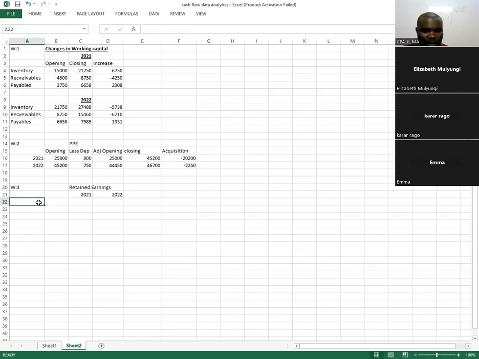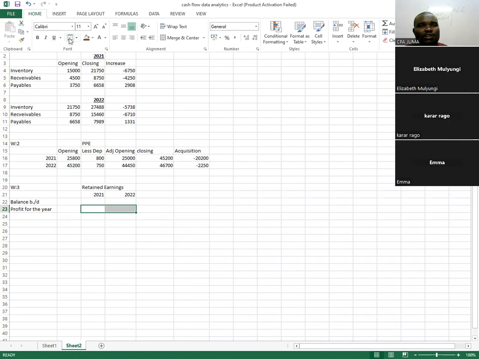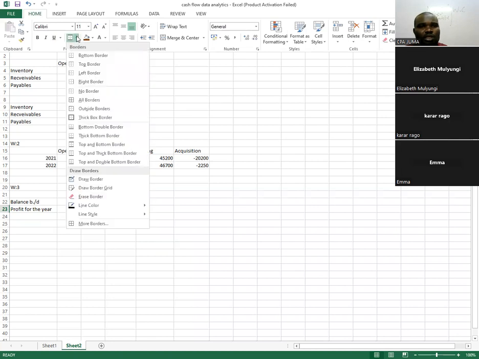So you will bring the balance brought down, then you add the profit for the year. At this stage, students will be able to know what the profit ought to be.